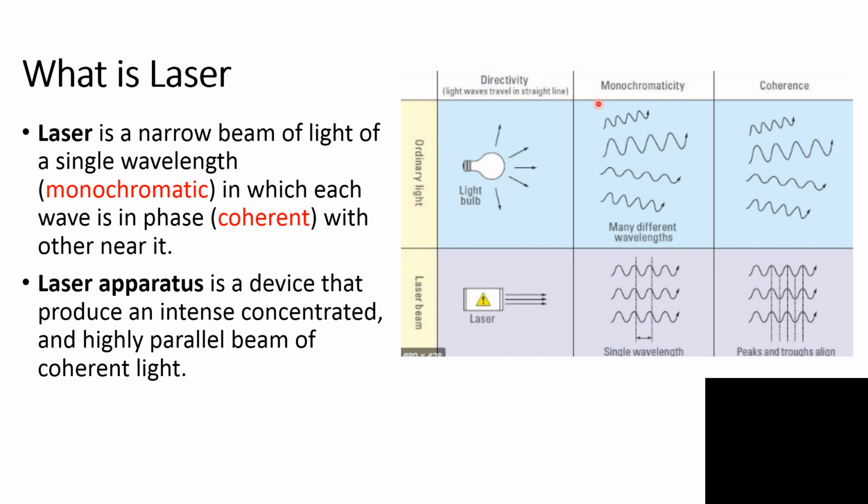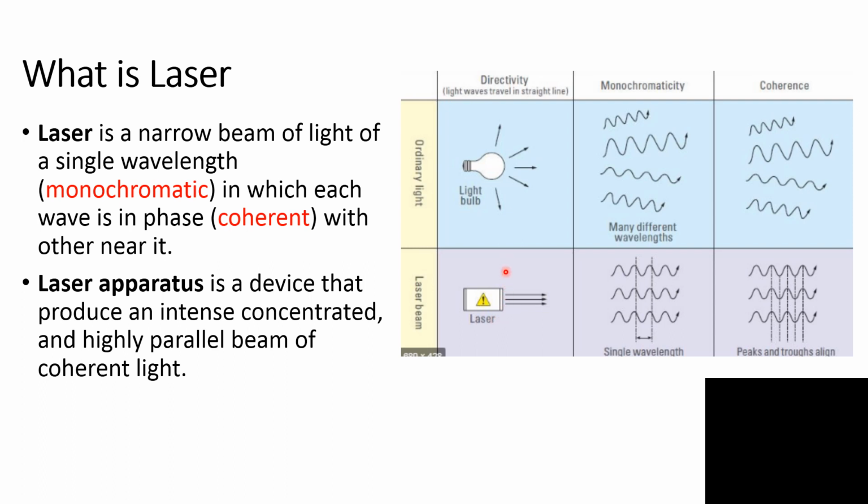So we have a picture over here and we have distinguished all these things. So first thing over here is direction. In our ordinary lamp, the light comes out in all directions. You can see over here, but in case of laser, we have unidirectional light.